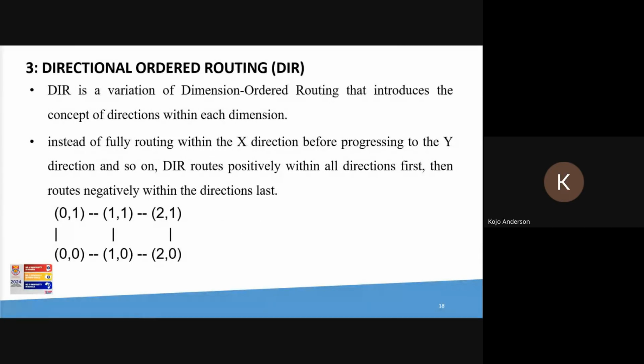Please take it again. No, sir. What I'm getting to understand is that with the dimensional ordered routing, it also determines direction, the direction of flow, but based on proximity.